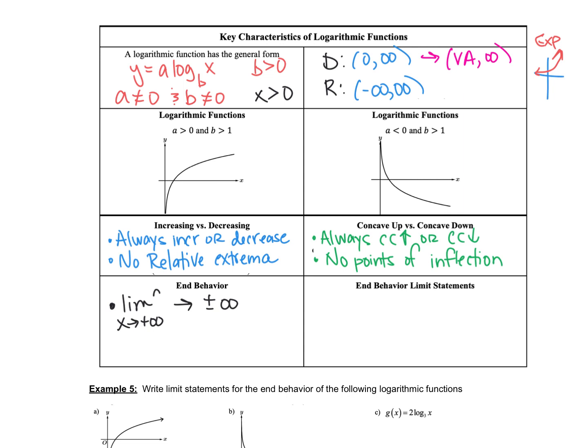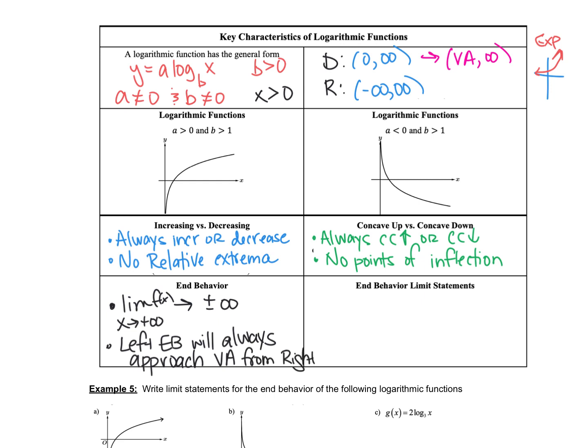But the left end behavior will always approach the asymptote from the right, okay? We never go from the left of the asymptote because logarithms aren't defined over there, okay? We'll always approach the vertical asymptote from the right.